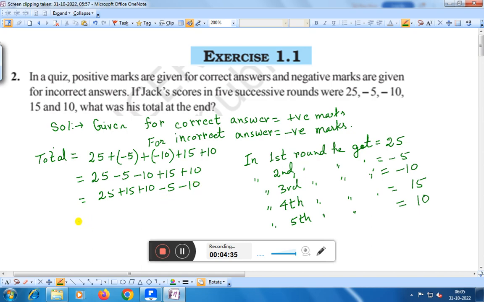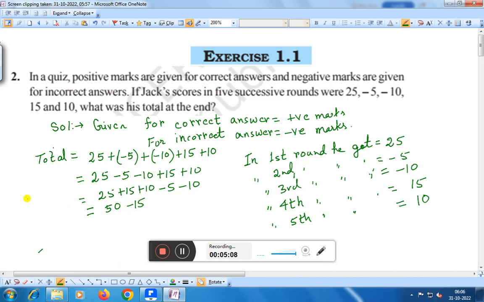If we add all the numbers, 25 plus 15 is 40, plus 10 is 50. Then 50, minus 5 and minus 10. If we add, we are getting minus 15.